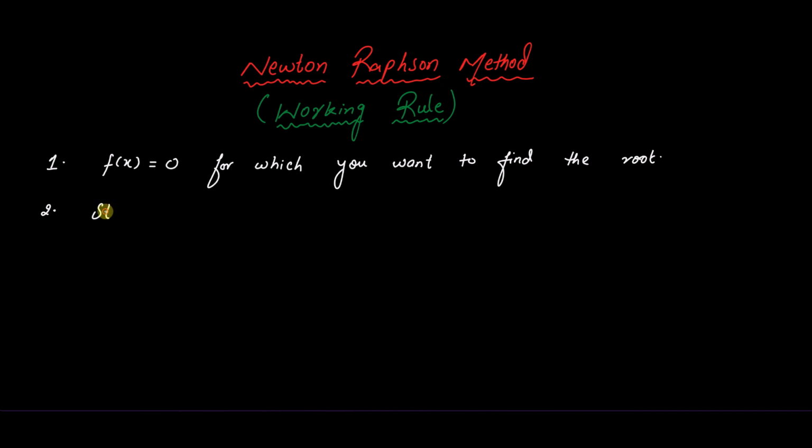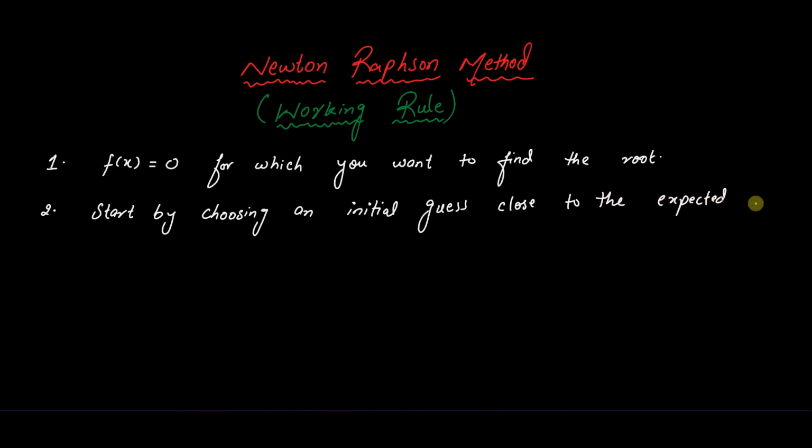So we are going to start by choosing an initial guess close to the expected root. And this is super important because a good guess leads to a faster convergence.